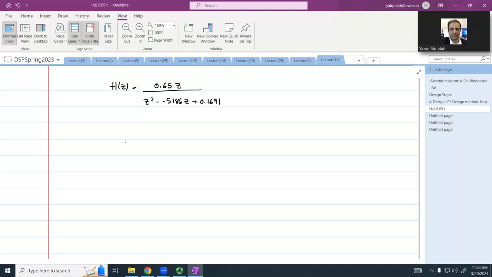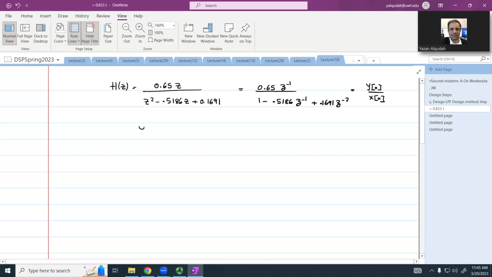How can we implement this filter? I can write this as 0.65 z to negative 1 divided by 1 minus 0.5186 z to negative 1 plus 0.1691 z to negative 2. And what is this going to equal to? Y of n over x of n.